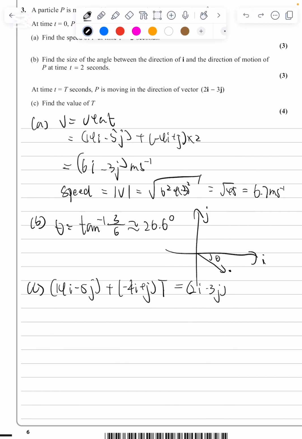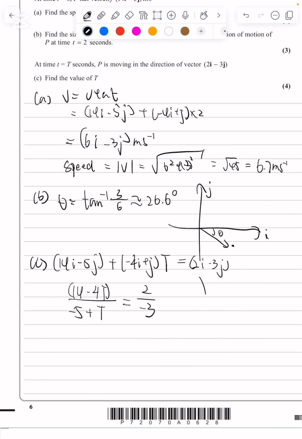Although I don't think we need lambda here. Let's try it first. So 14 minus 4t i, and negative 5 plus t, equals 2 over negative 3. Like this is scaling, this is ratioing it.